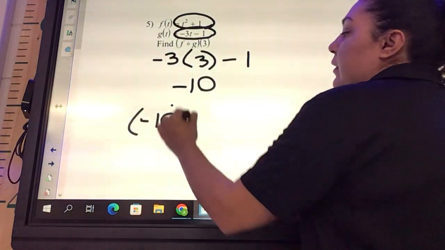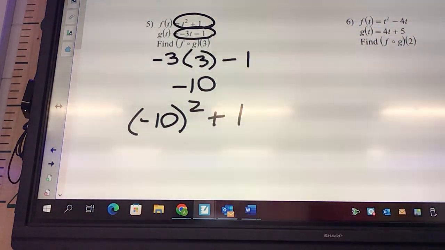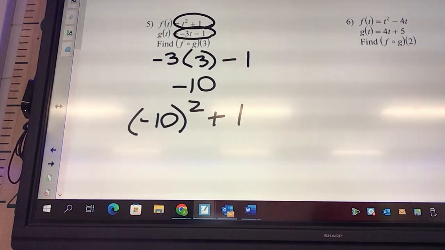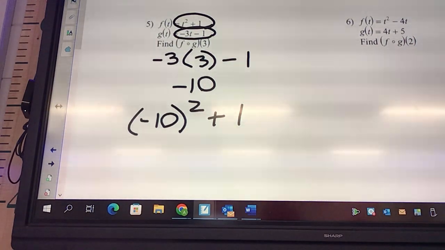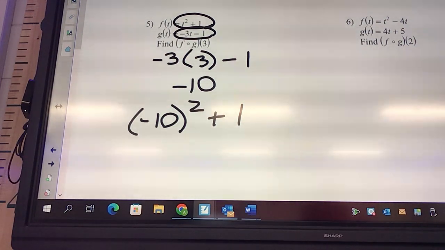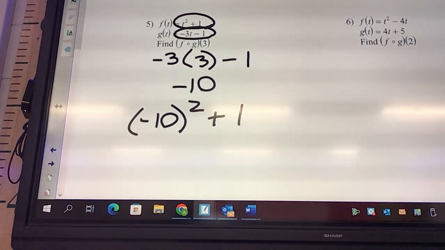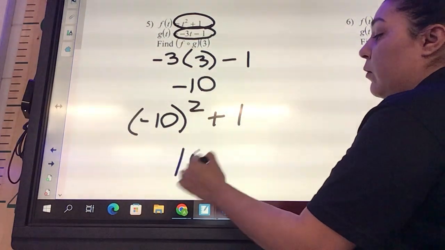Negative 10 squared plus 1. I got 101, somebody agree? Yeah, I got 101.